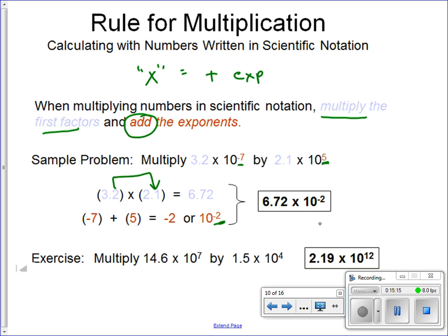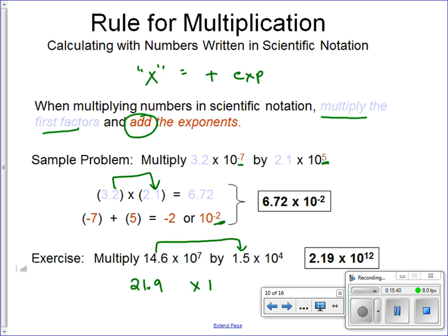Okay, here, try this one by yourself. 14.6 times 10 to the 7th by 1.5 times 10 to the 4th. Okay, when you multiply these out, 14.6 times 1.5 is 21.9.